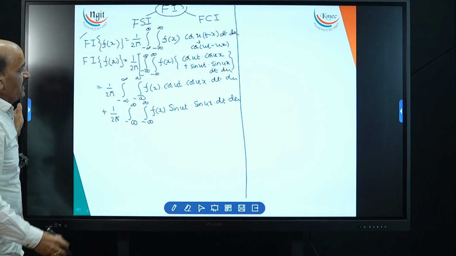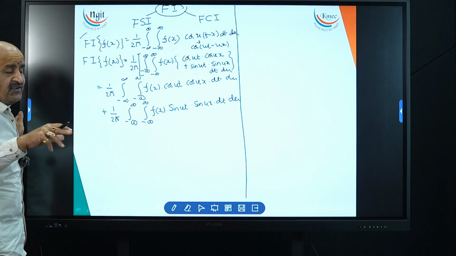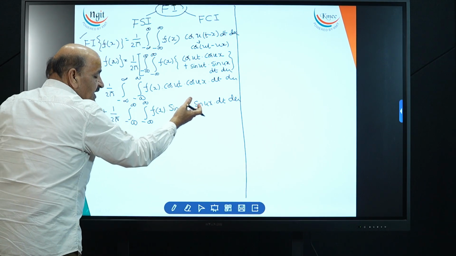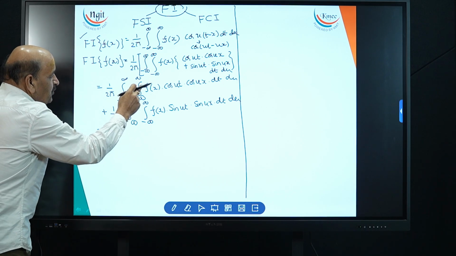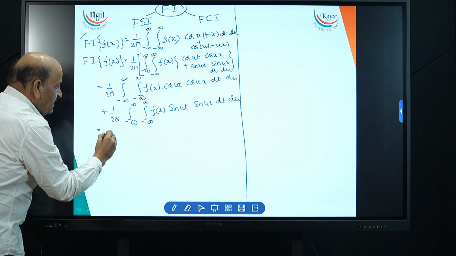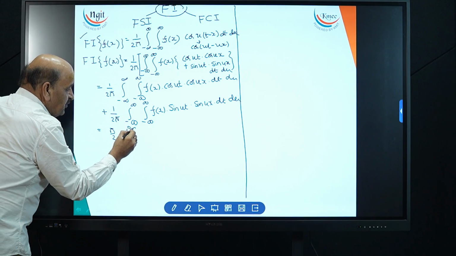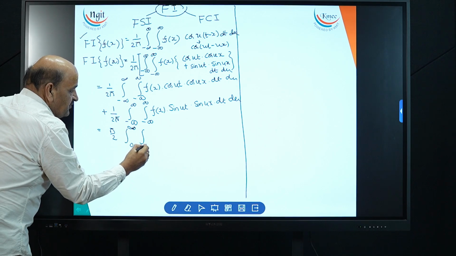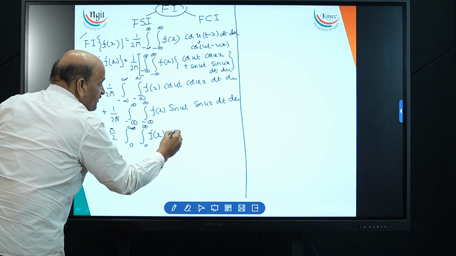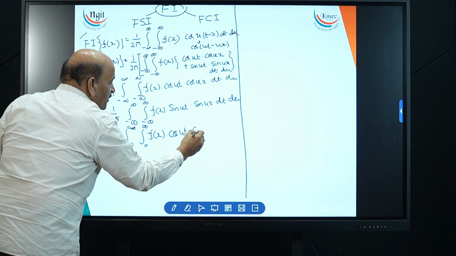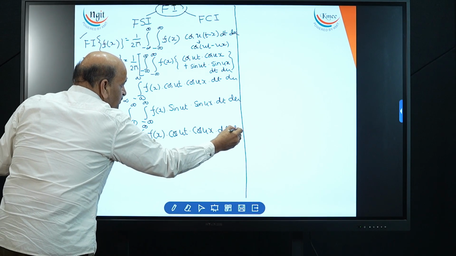Now, since the integrand with cos is even, the product of 2 even functions is even, and sin is odd, the product of 2 sines is even. Therefore, here 2, 4 will come out, that will become pi by 2. Here the integral changes from 0 to infinity, here also changes from 0 to infinity. pi by 2 integral 0 to infinity f of x into cos ut into cos ux dt du.